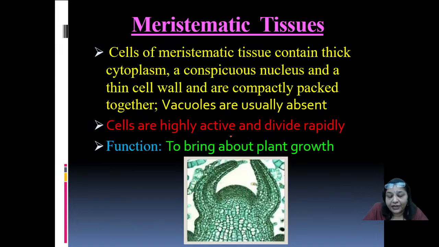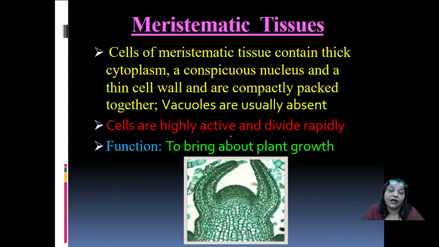Now the cells present in this meristematic tissue contain thick cytoplasm and a conspicuous nucleus, very clear nucleus, and the cells contain thin cell walls. The cell walls are thin when compared to other tissues of the plant, and they are all compactly packed together, smaller in size, right?